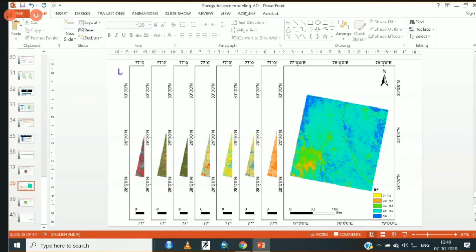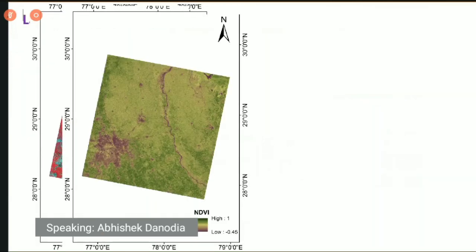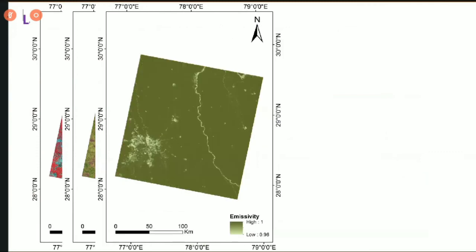Using the NDVI image, I further use the NDVI-based emissivity method and generate the land surface emissivity image, as shown in the slide. For this method, I categorize my NDVI value into three classes: less than 0.15, 0.15 to 0.5, and more than 0.5.